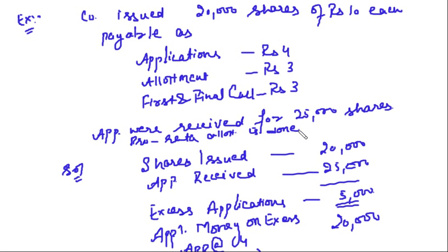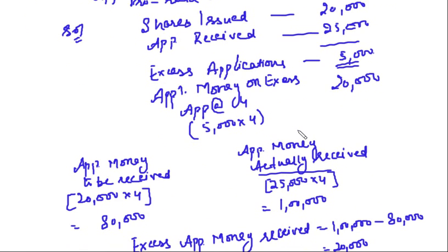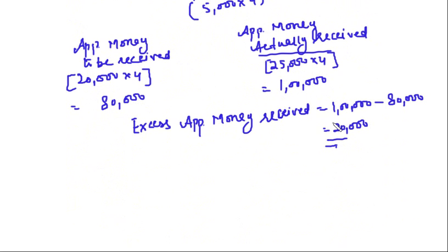Every person who has applied for shares got the shares, but not what he applied for. He got a lesser number of shares, but he got the shares. We are not rejecting the applications. Now, what is to be done with this 20,000? That is the excess application money received.